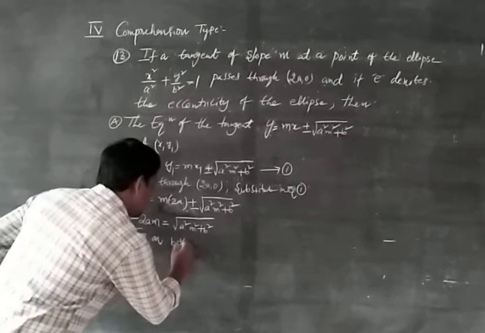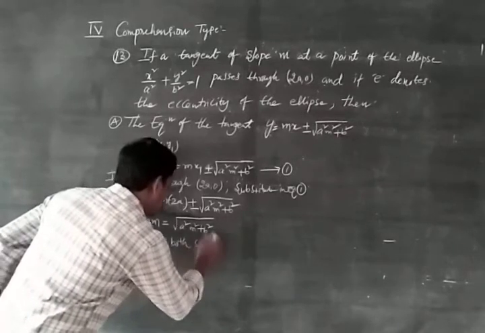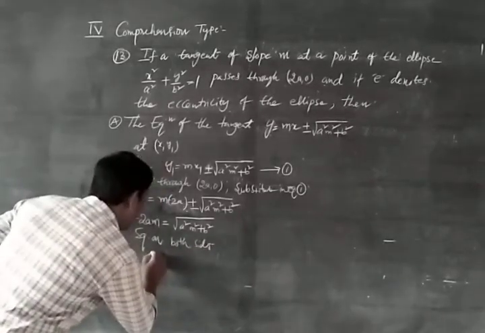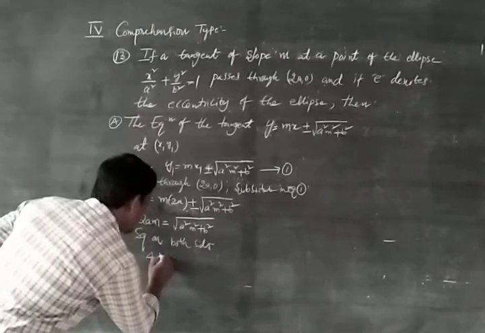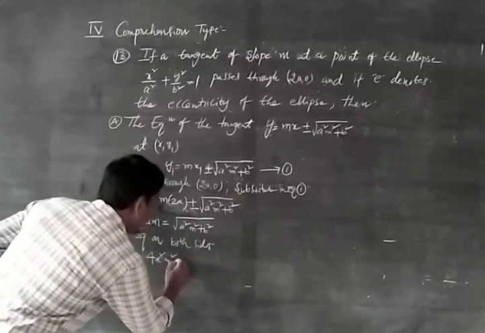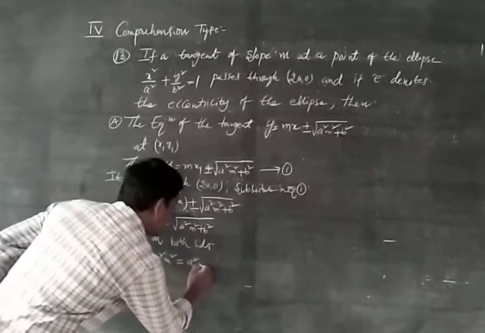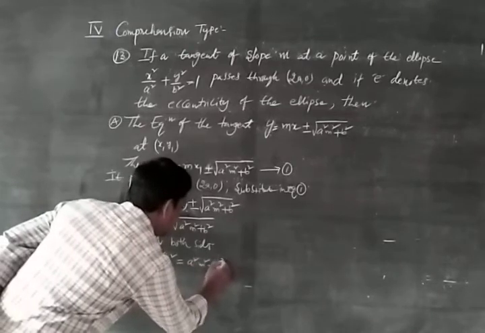both sides. That means 4a square m square equal to a square m square plus b square.